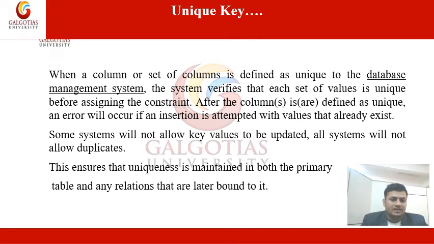Some systems will not allow key values to be updated. All systems will not allow duplications. Okay, this ensures that uniqueness is maintained in both the primary table and any relations that are later bound to it.